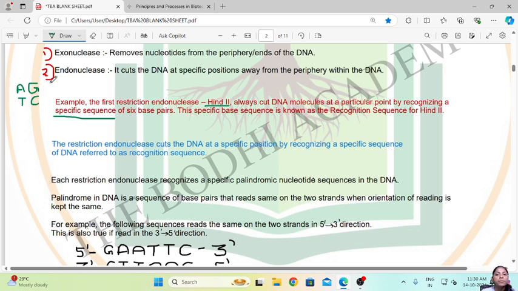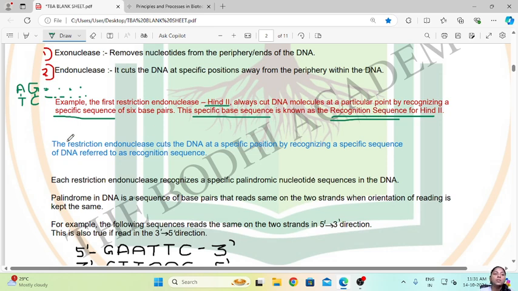These are the base pairs and such a sequence was recognized by these restriction endonucleases and it was cut at only that particular sequence. So this specific base sequence is known as the recognition sequence for Hind2.